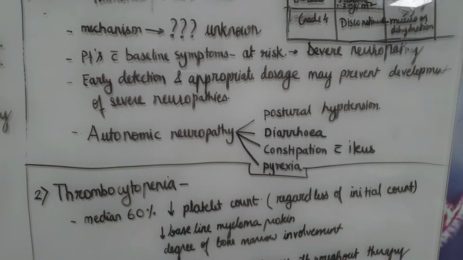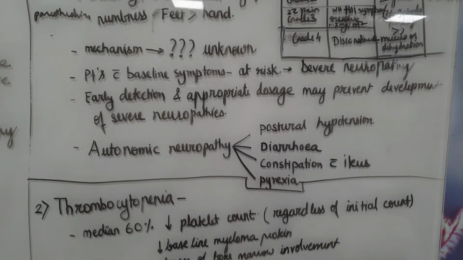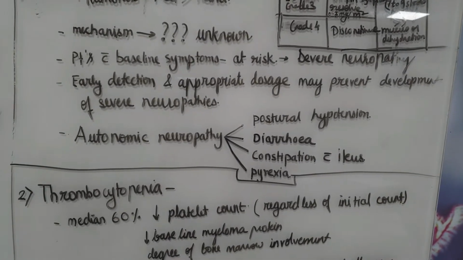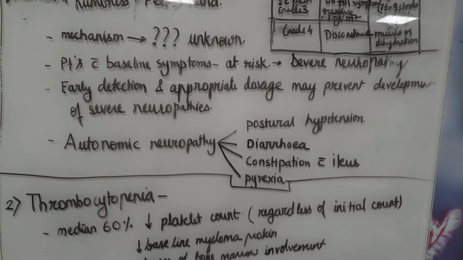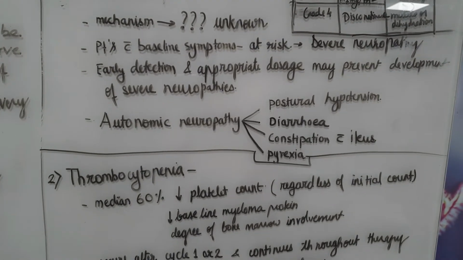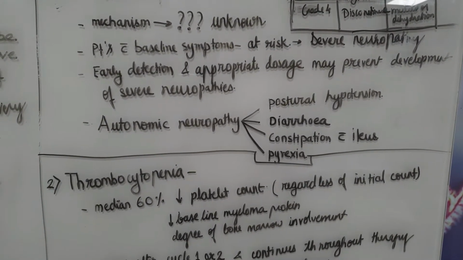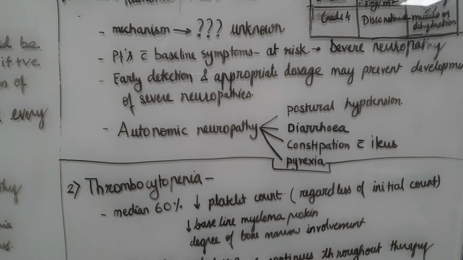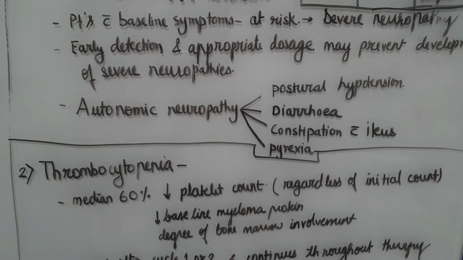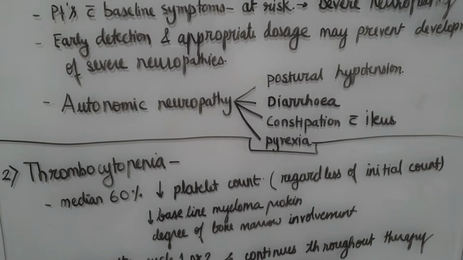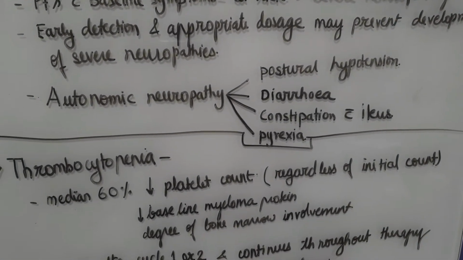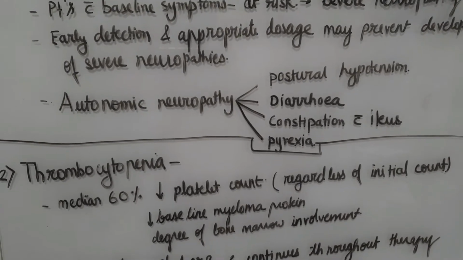Patients who have baseline symptoms, like those who are diabetic or have any other neuropathy initially, are at more risk of developing severe neuropathies. So we have to detect them early, and appropriate dosing to prevent the development of severe neuropathy is important. Bortezomib can also cause autonomic neuropathy, which can lead to postural hypotension, diarrhea, constipation with ileus, and pyrexia has to be remembered.